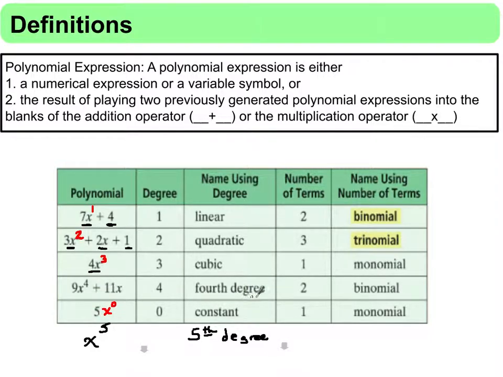Anything above 3 we just tend to describe as 4 terms, or 5 terms, or 6 terms, and so forth. But these are the special names that students are going to encounter in the classroom, that they will be held accountable for in testing situations, and so forth.